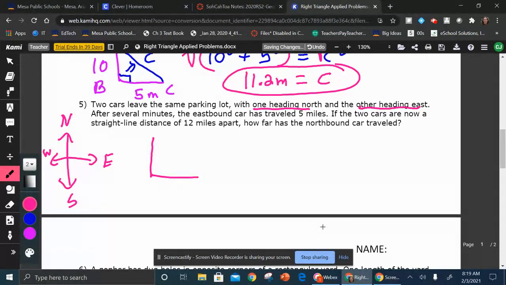After several minutes, the eastbound car has traveled 5 miles. So this is the one going east. This is the parking lot, the same parking lot, so that's PL. The other one is heading north.